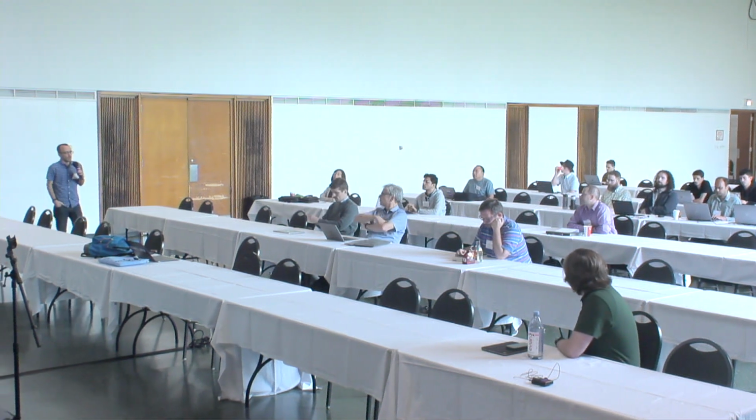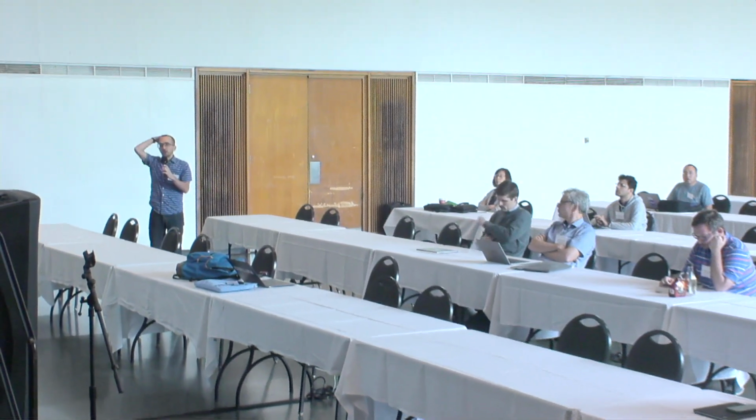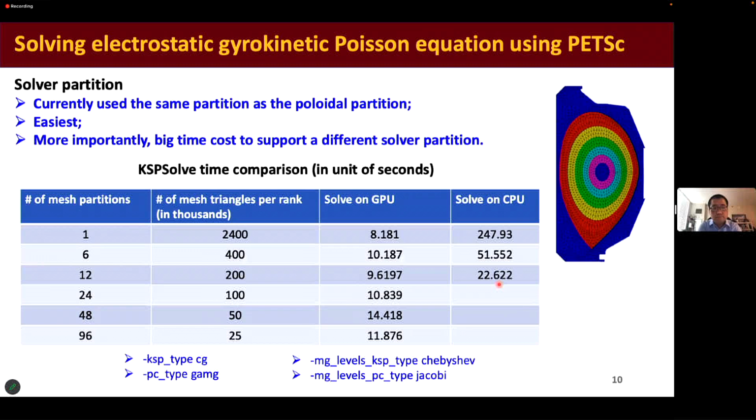In the scaling performance that you showed in one of the earlier slides, as you increase the number of partitions, the timing for the GPU stayed relatively flat. It went from 8 to 11 seconds or something like that, and the CPU time started out at around 200 seconds.